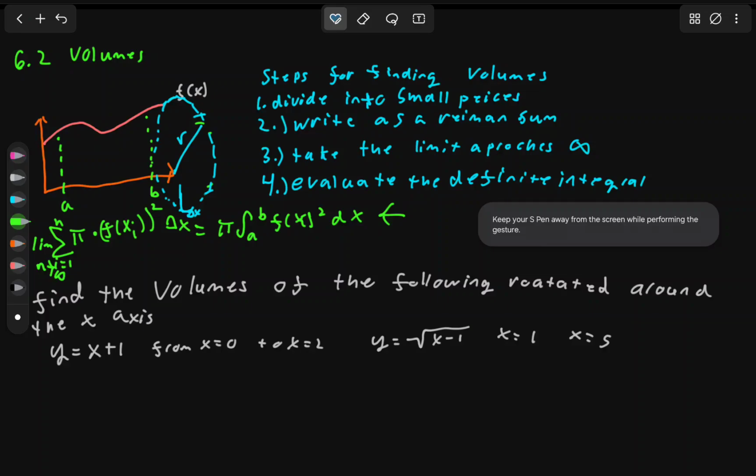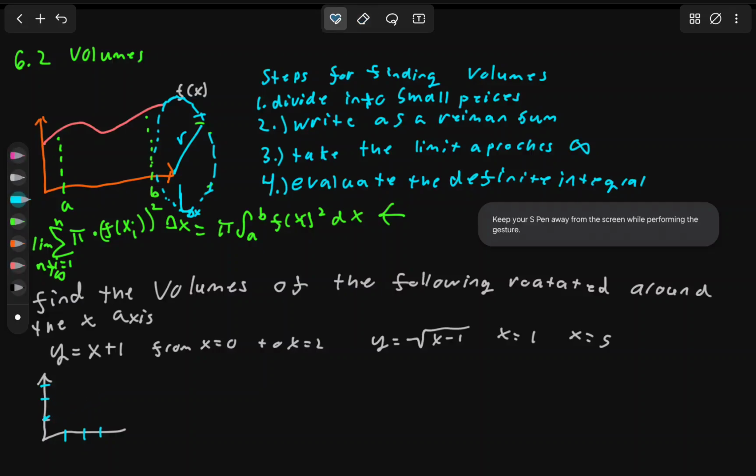So we want to find the volumes of the following rotated around the x-axis, from 0 to 2 for this first one. Okay, so I'm going to start by sketching out a graph. And we know that this is probably going to look something like this. Yeah, that looks about right.